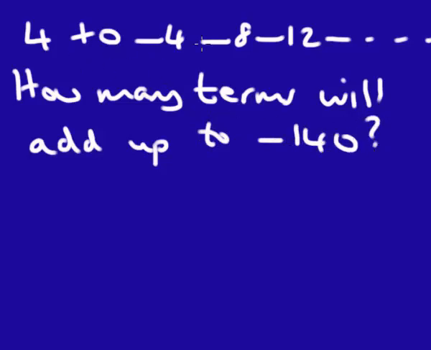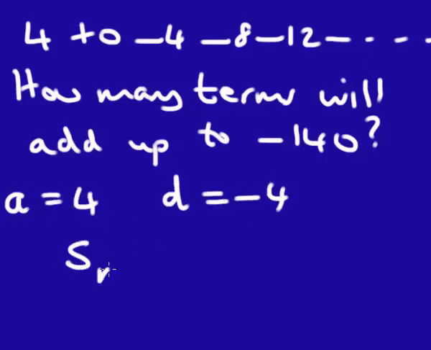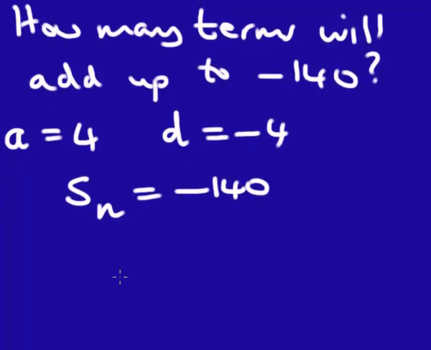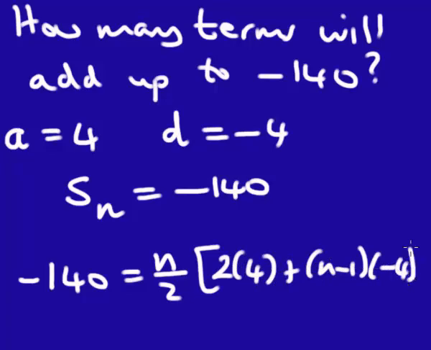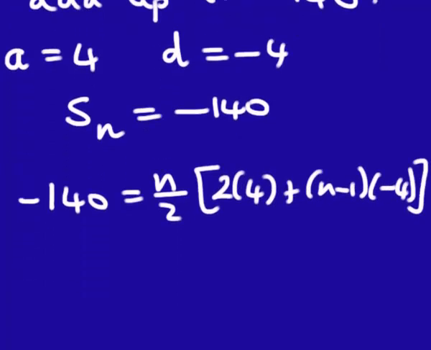Now, it'll be quite tricky to keep expanding down and then adding. So let's work out what we can do using a formula. a is 4, d is negative 4, and the sum of an unknown number of terms is that. So we can go into our formula. Sn is equal to n over 2, 2a plus n minus 1 multiplied by d, and let's get a trinomial.